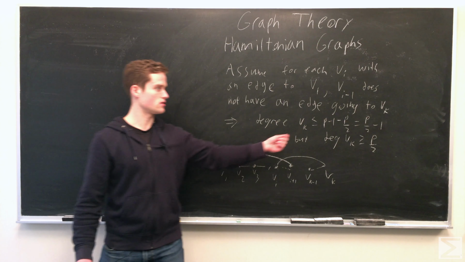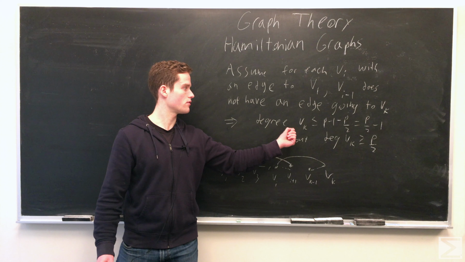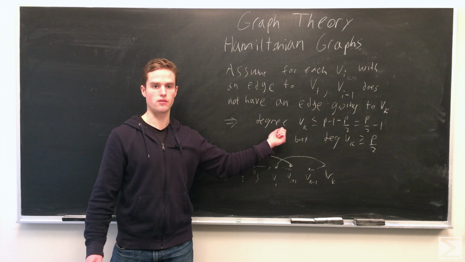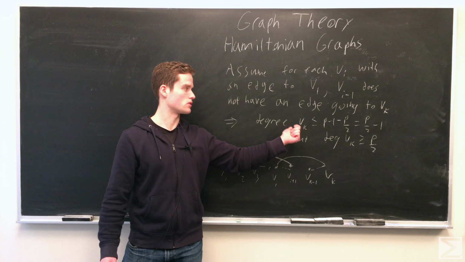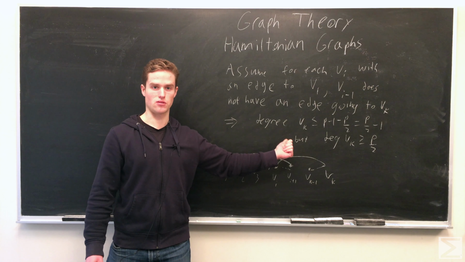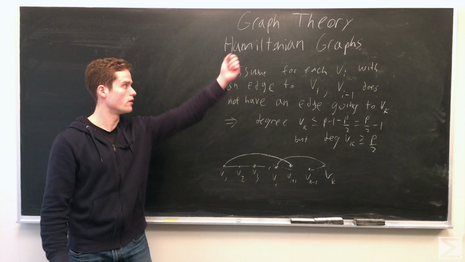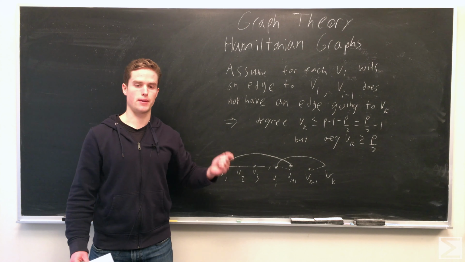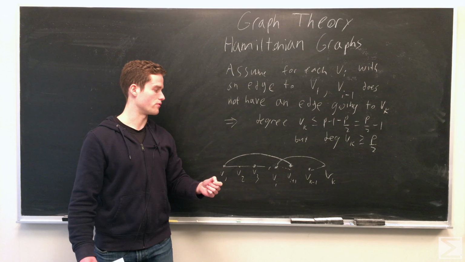Taking all the vertices of the graph minus 1, because Vk cannot have an edge going to itself, the degree of Vk is less than or equal to P minus 1 minus P over 2, which gives P over 2 minus 1. But the degree of Vk is greater than or equal to P over 2. These two contradict each other. And therefore, for some i, there is an edge going from Vi minus 1 to Vk.